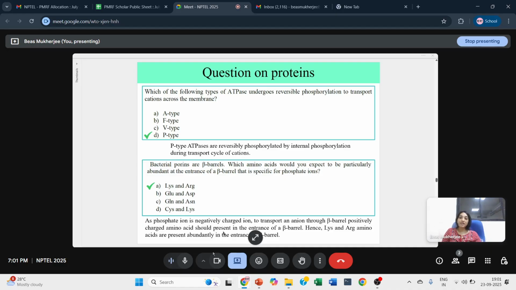Now the next one, as phosphate ion is a negatively charged ion, to transport an anion through the beta barrel, positively charged amino acids are required. And which of these are positively charged amino acids? Only option A has both positively charged amino acids, and hence lysine and arginine are present abundantly in the entrance of the beta barrel.